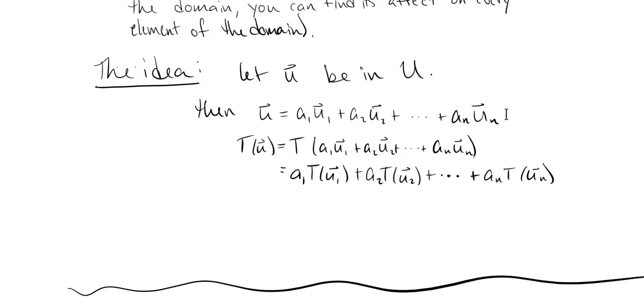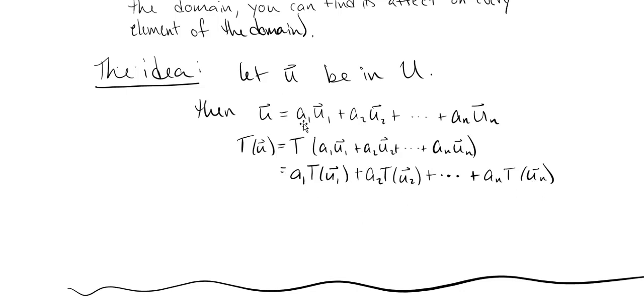So here we've seen that if I wanted to know T of any U in the domain, it's really just that same linear combination that U was of the basis vectors where it lived. Same scalars applied to the images of all those basis vectors.